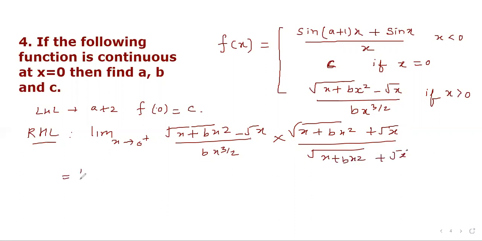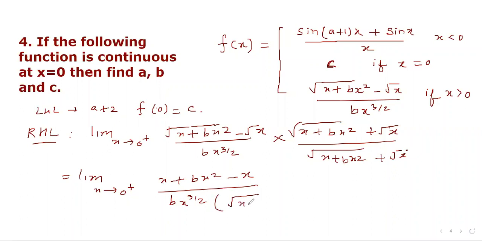So what do we get? Limit x tends to 0 plus. So here this root will get cancelled. So x plus bx square minus x, divided by b x power 3 by 2 times the root of (x plus bx square) plus root x.